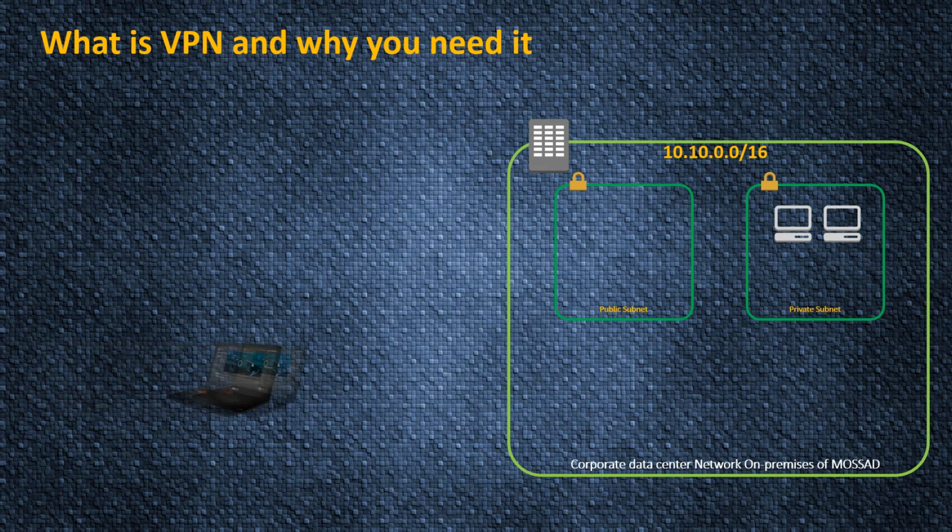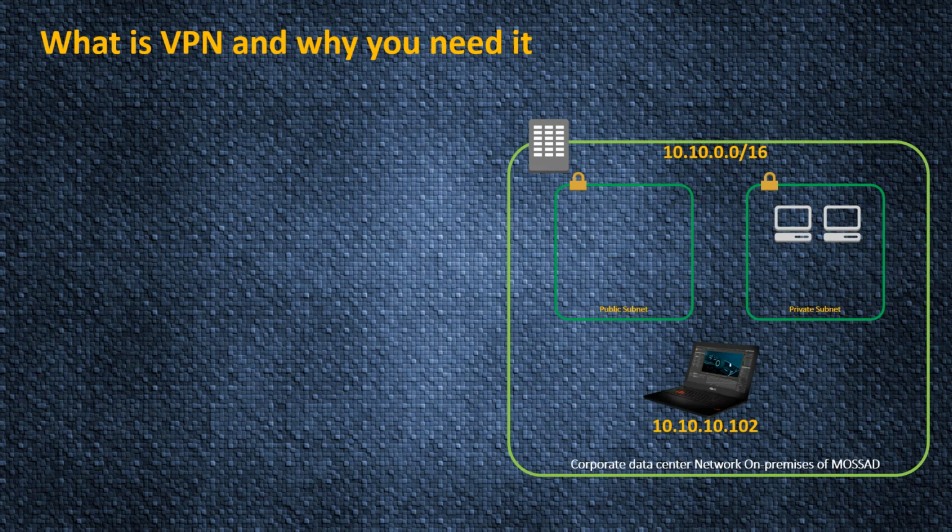You come into work with your laptop, and your laptop connects to Wi-Fi, and the router gives you a local address. So you receive a local address and you have access to the private subnet.